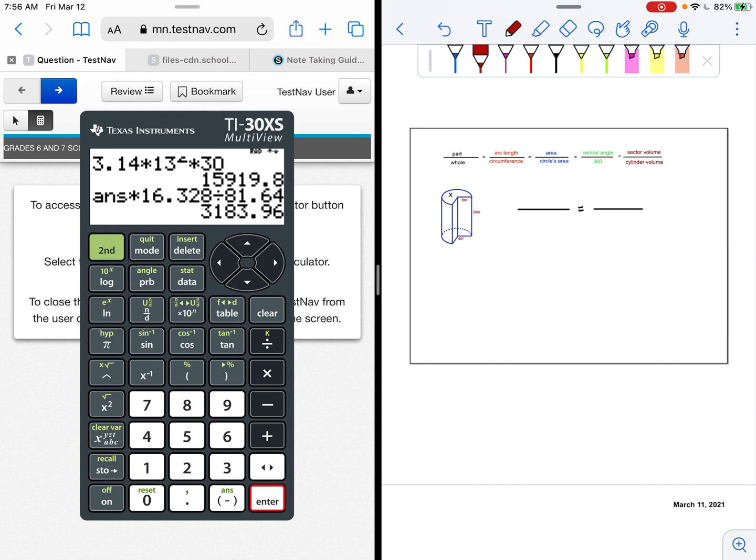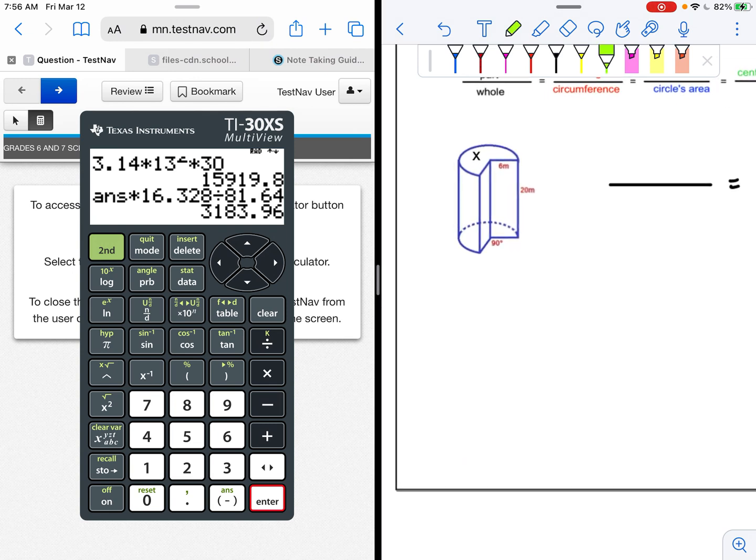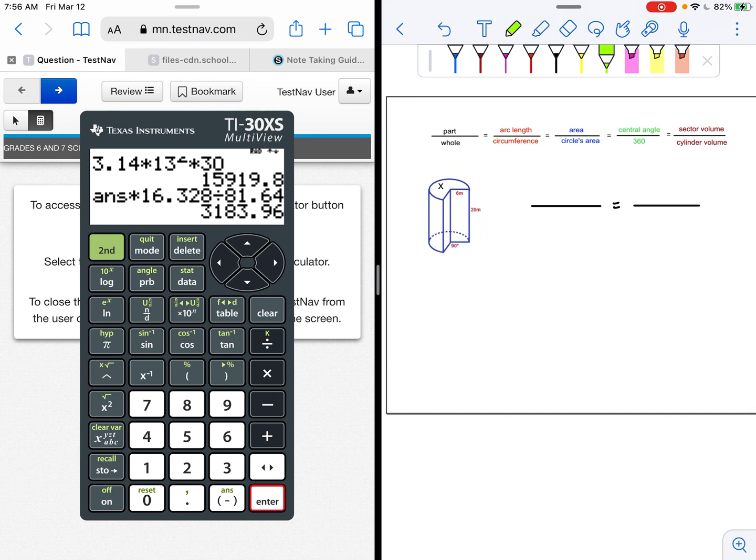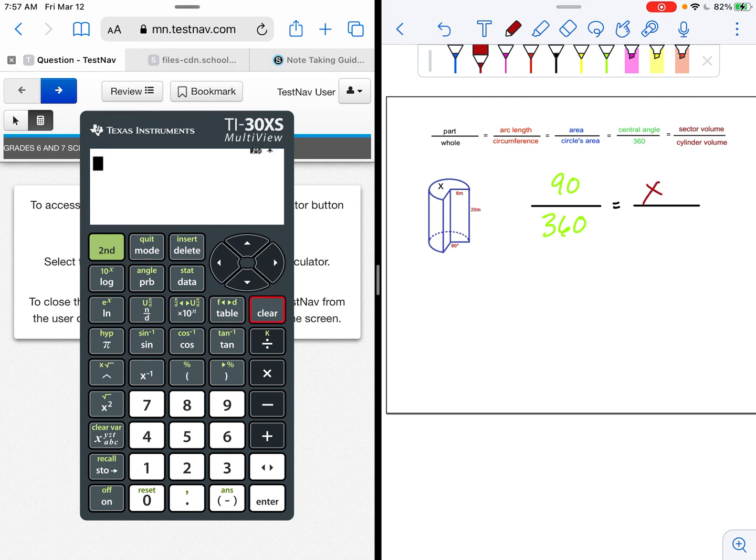This one I happen to give you the central angle. So the central angle on this says 90 degrees. So I'm just going to fill that 90 on the top, 360 always on the bottom. We are looking for sector volume. And I did give you radius, so I'm going to take 3.14 times 6 squared times 20. So let's put that in our calculator and hit equal.